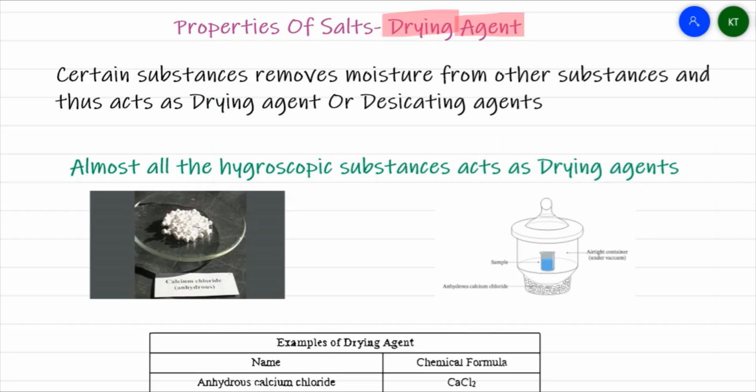There are certain substances which remove moisture from other substances. So hygroscopic substances can be used to dry the gas.